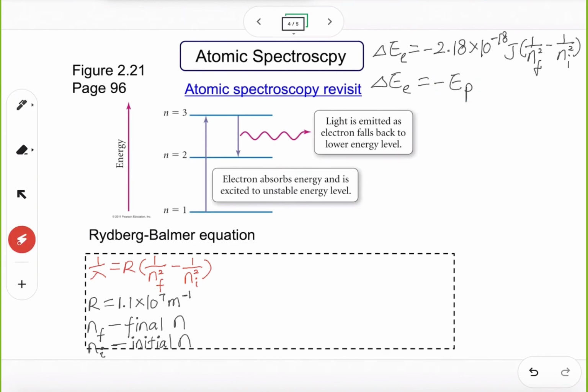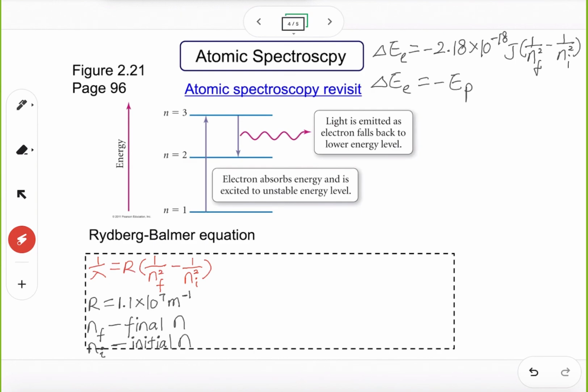I personally think this process is a little bit too much and too complicated for us. The Rydberg equation essentially includes both of them, so I think this one, the Rydberg-Balmer equation, is easier for us to use. And this equation and these constants will be given in your test, so you don't need to memorize this equation or constant. You just need to know how to use it.